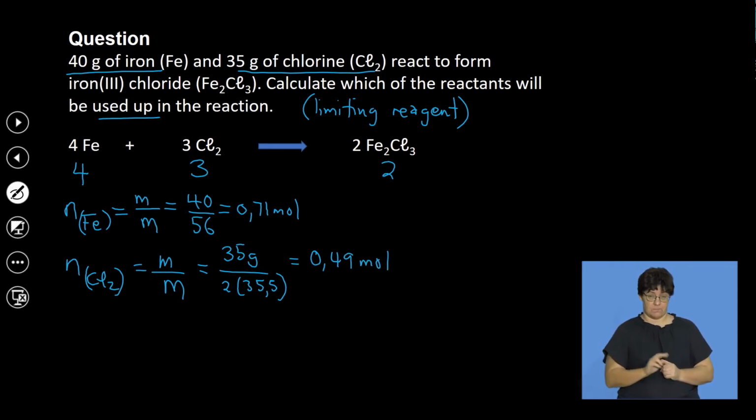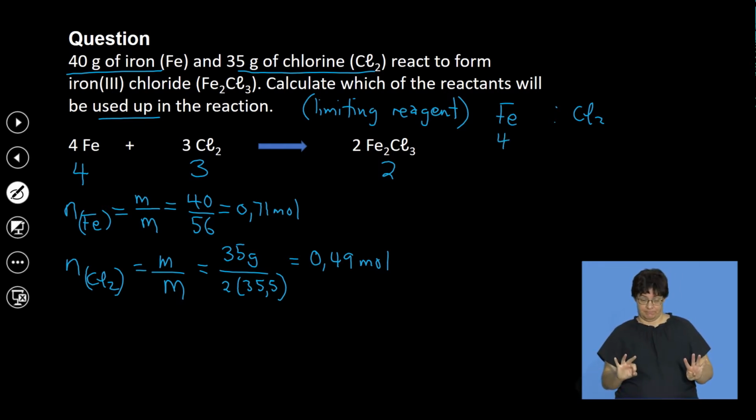Now, let's ask ourselves an important question. Let's say, for argument's sake, we know that for every 4 moles of iron, there should be 3 moles of chlorine, right? So if, for argument's sake, all the iron has to react, the ratio of iron to chlorine gas is actually 4:3, right?